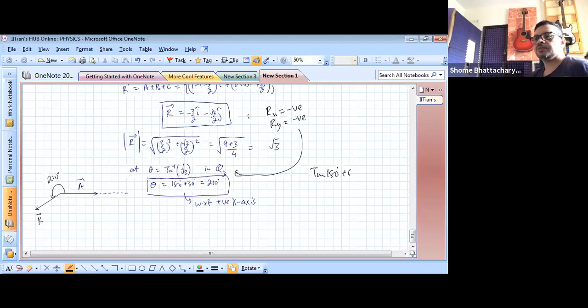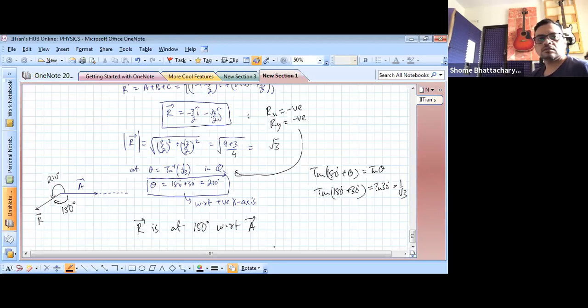Tan of 180 plus theta is tan theta. So tan of 180 plus 30 is tan 30, 1 by root 3. So this angle now will become 360 minus 210, so 150 degrees. So we can say that R is at 150 degrees with respect to the vector.